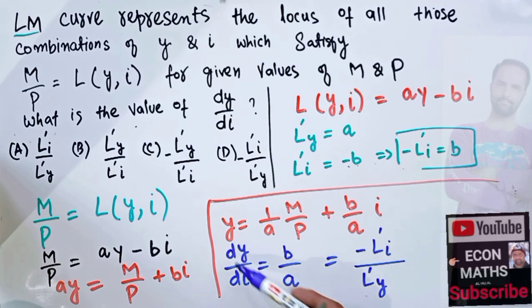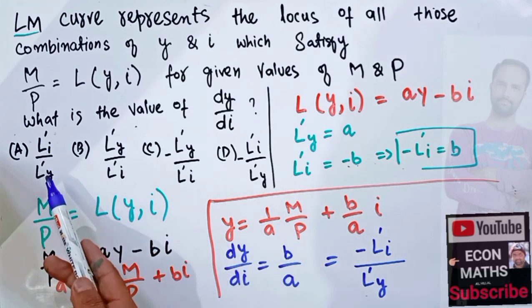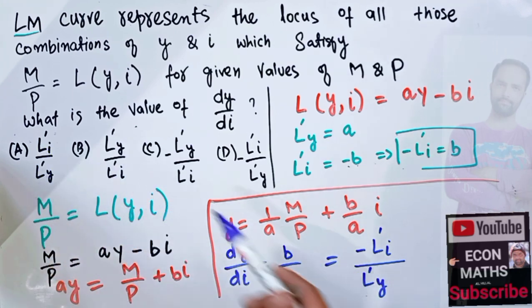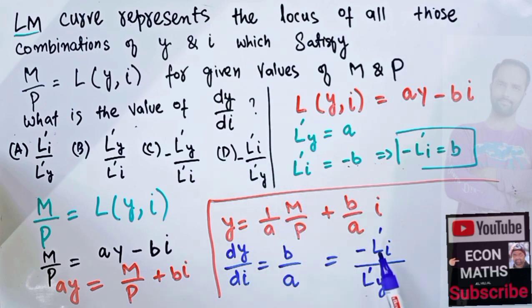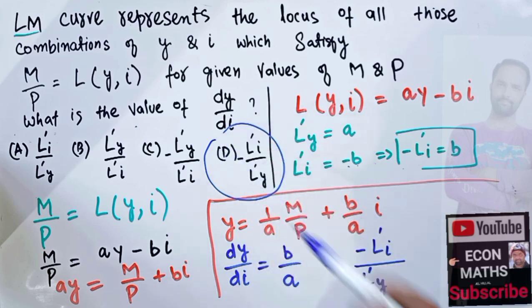So dy upon di is simply the ratio of the interest sensitiveness for demand for money and income sensitiveness for demand for money. So the correct option should be, I guess, L. We should have a negative sign. We have negative in these two, so L dash I. So this D option should be the correct option.